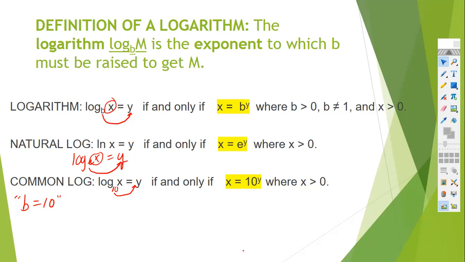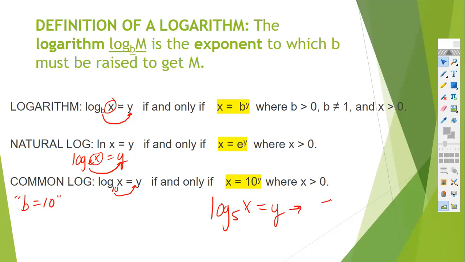Before I give you a chance to practice on your own, we're going to do a whole class example first. I'm going to write it out, and I want you to say it out loud if you're confident. If you had log base 5 of x equals y, how would I write that as an exponent? Exactly.